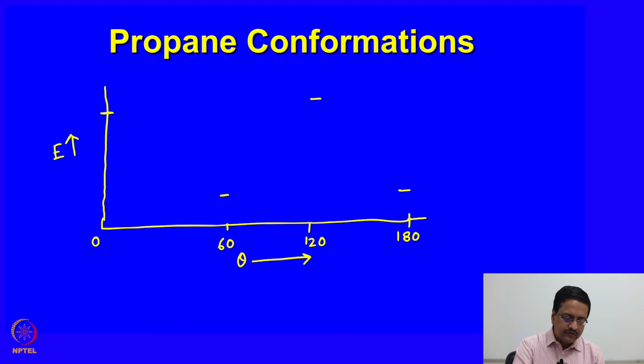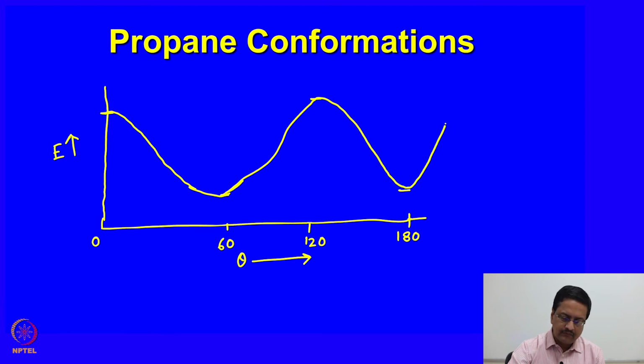So, if you join these points with a curve, you would pass through minima at 60, 180, etc., and maxima at 0, 120, and so on. And the difference here is going to be 14 kilojoules per mole.